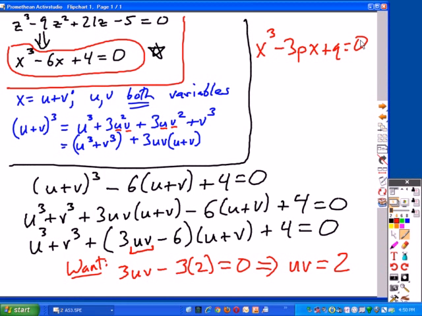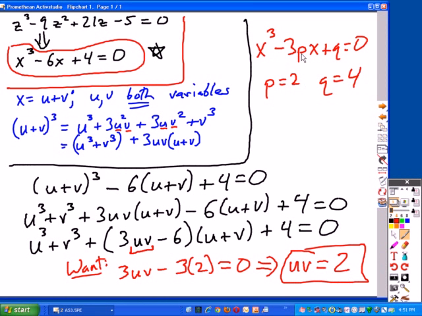So in the equation that we're trying to solve here, for 3 times p to equal 6, notice the minus already matches, what we have to have is that p equals 2 and q equals 4. So what happens in general is once you identify what p is, then a constraint between u and v is that u times v has to equal p. It has to equal whatever is playing the role of p up in this equation.